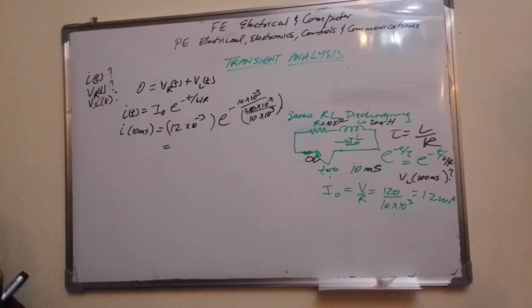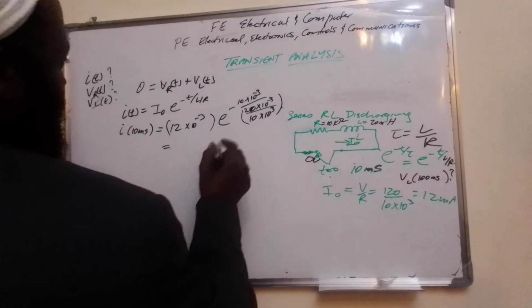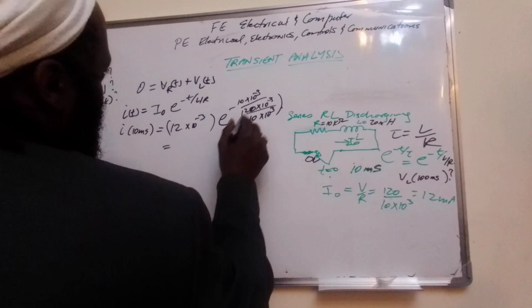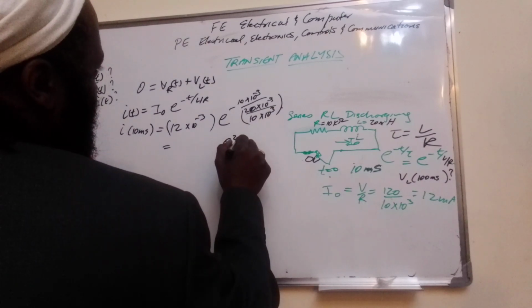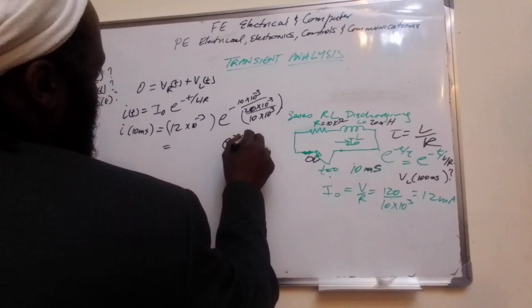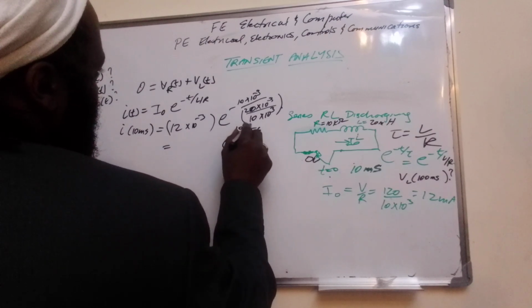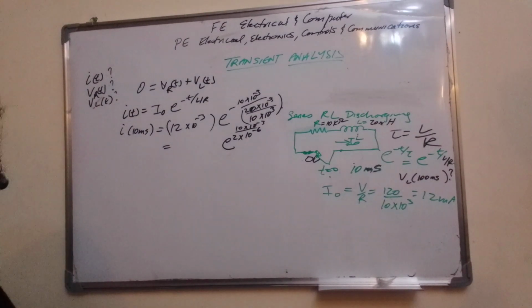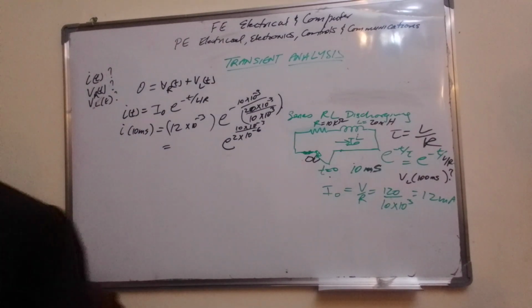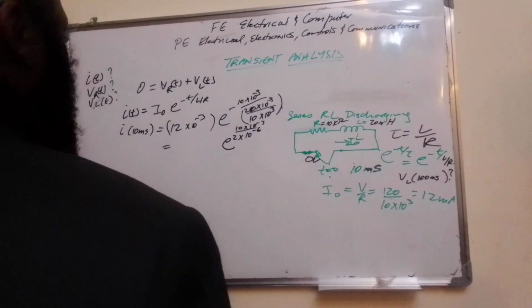So break it down a little bit more. This becomes e times 2 times that divided by that, which is 10 to the minus 6 over 10 to the minus 3. Okay. 10 to the minus 6 divided by 10 to the minus 3.